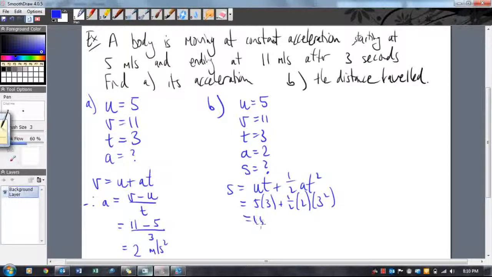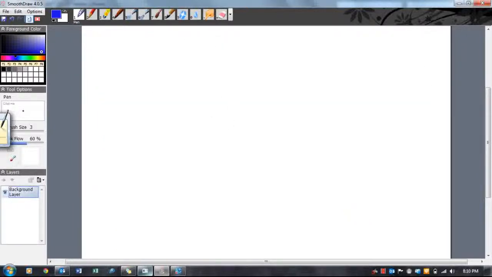So that's 15 plus 3 squared, 9, times 2 over 2, they cancel out, so it's plus 9. That's equal to 24. This is in meters, so it's travelled 24 meters in that time. And there we go, nice and easy. Write down what you know, write down what you want to know, and use the appropriate formula that will get you there. Let's do one more.